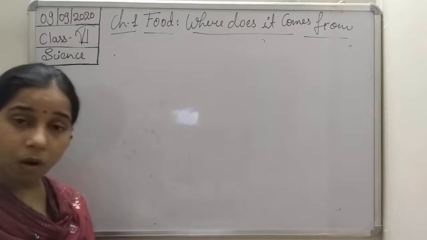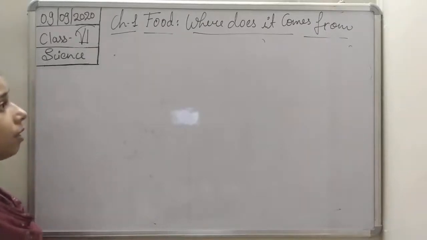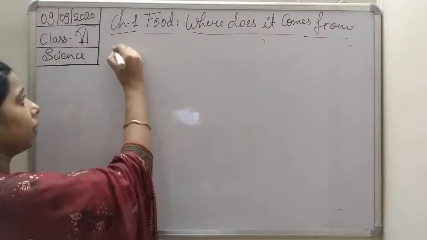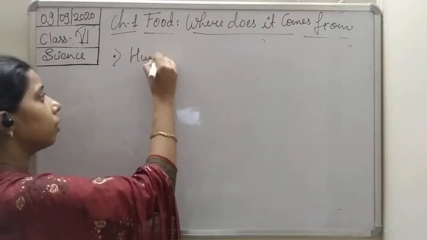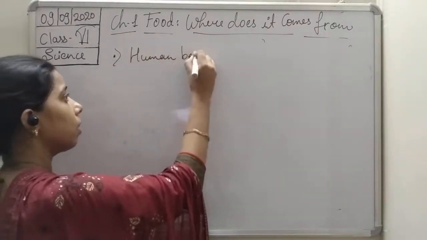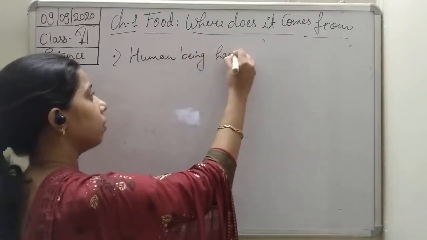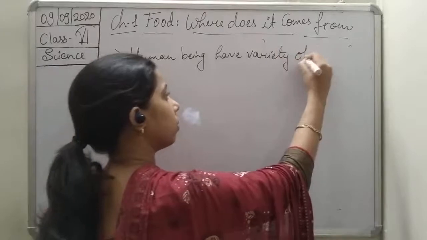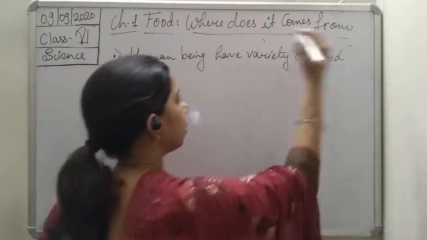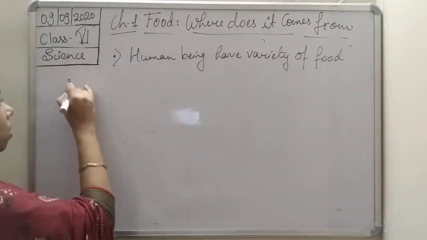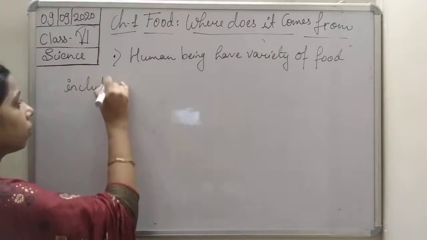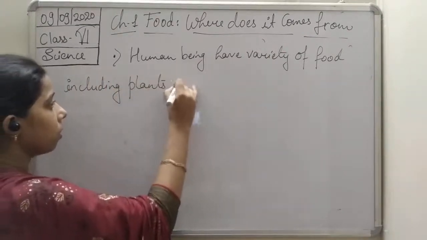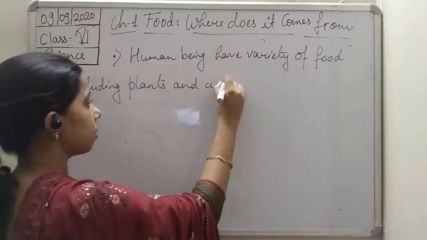So if we talk about what animals eat, we should understand that human beings have a variety of food, including plants and animals.